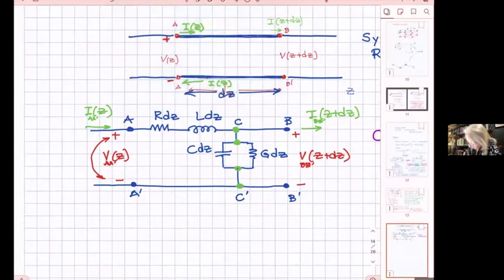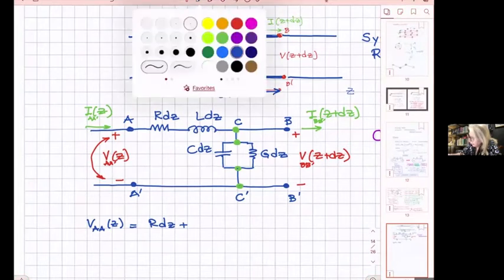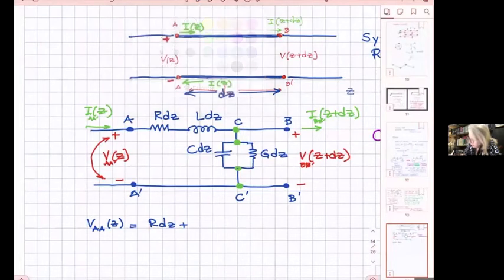I know that V AA prime of Z equals R dz plus, and then here I have already, if you remember, incorporated the J omega. So let me move this here a little further to the right.